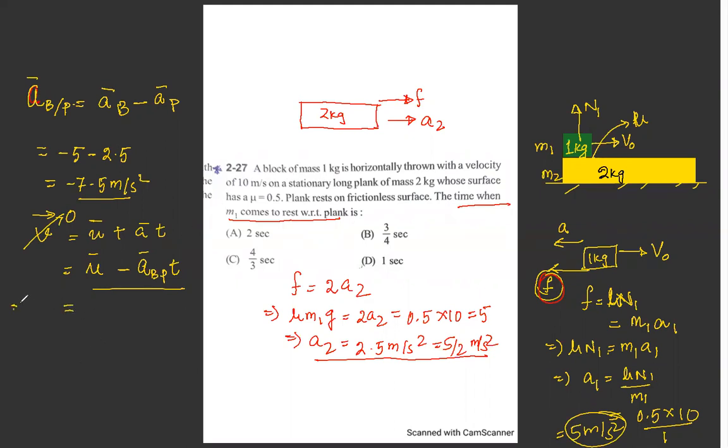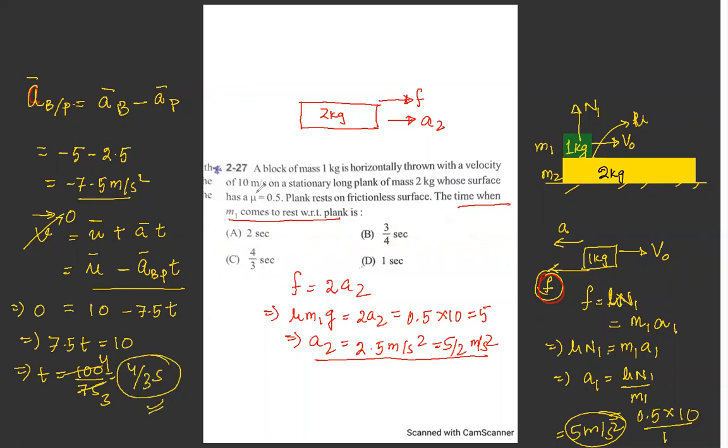So 0 is equal to 10 minus 7.5 into T. So 7.5 T equal to 10. T is equal to 10 by 7.5, that is 4 by 3. So the answer is 4 by 3 seconds. This is the answer to the question.